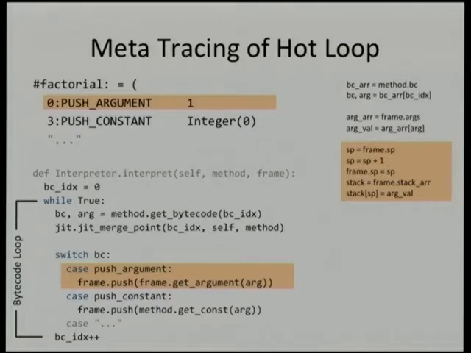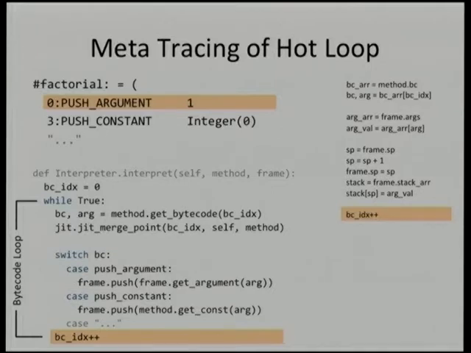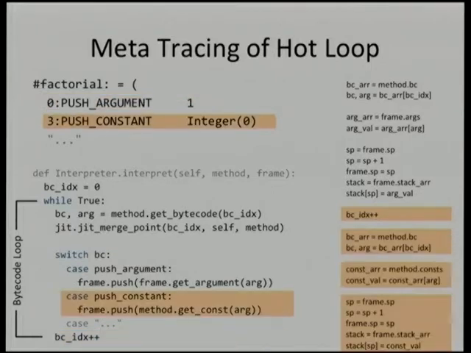Then we want to perform the push itself. So we need to go to the frame. We get the stack pointer out, we increase the stack pointer, we write the stack pointer back, and then we get the stack out of the frame, set the specific position at the stack with a value, and now we actually pushed the argument. And if you now continue and imagine, okay, well, first we of course need to increase the bytecode index, which we don't see on that slide, but then we execute the next bytecode. And then it happens all over again.